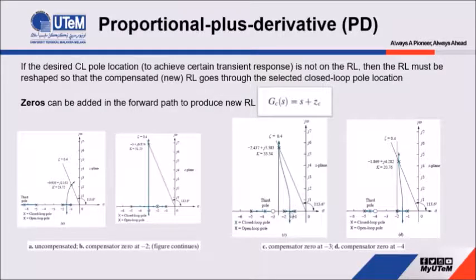When this root locus is reshaped, the location of the pole will also change to the new location. In this case, the new location is at negative 2.437 plus minus j 5.583. As you can see, this location is different compared with the system without this zero. This is how we can improve the transient performance.